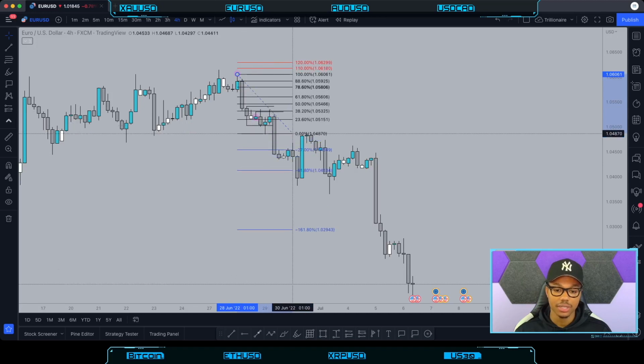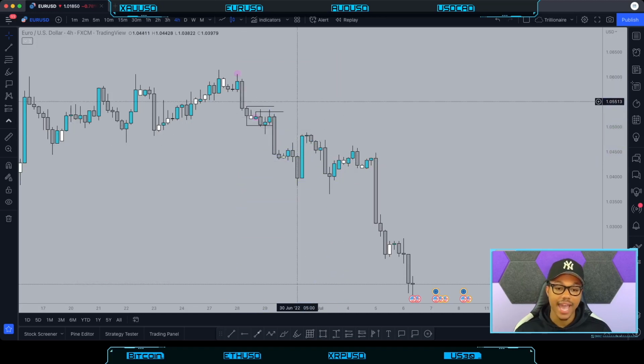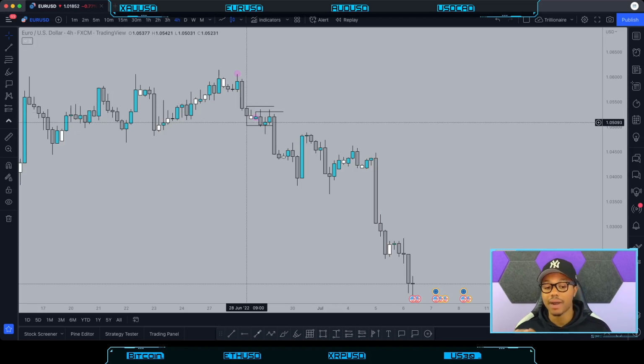Essentially, you would continue to pull your fibs out because you do not have a valid reversal. That reversal is going to take place when you see a full candlestick body closure above your first reversal candle. Those are one of my ways of tracking reversals and things like that.